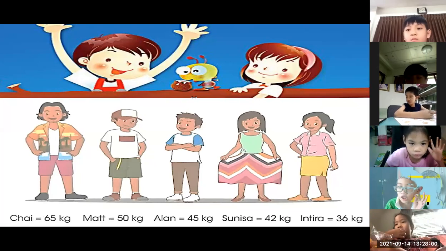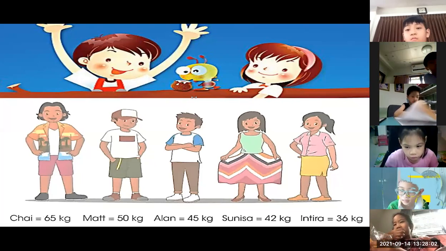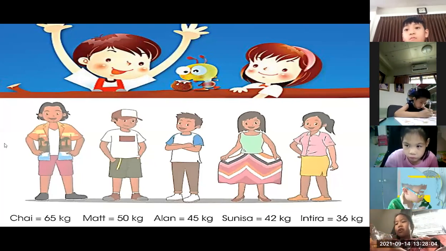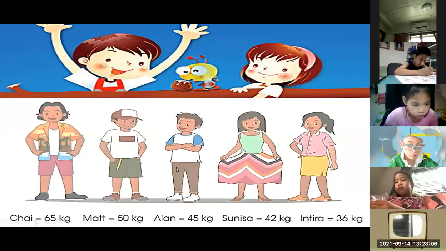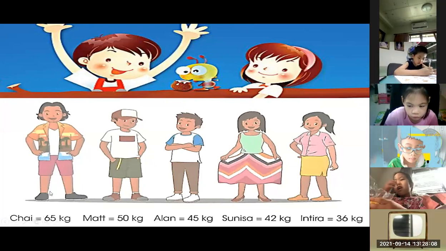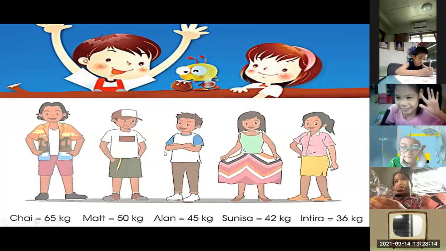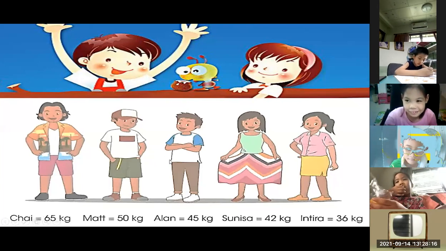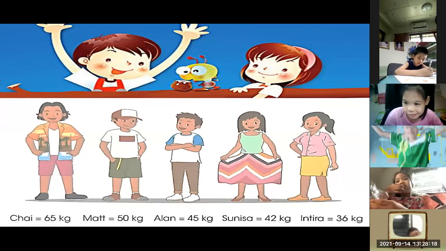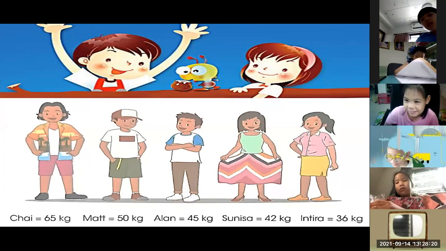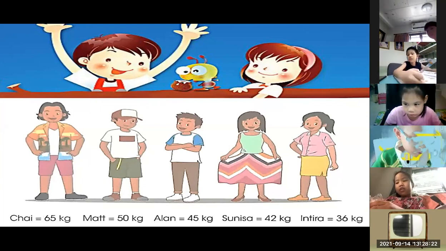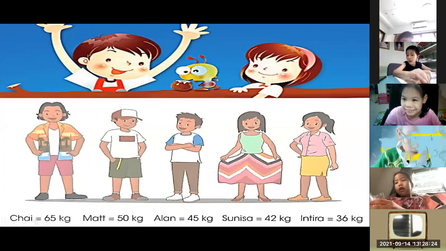You cannot see it in your book. Just look at the screen. Who is the heaviest among them? Chai, Matt, Alan, Sanisa, or Intira? Chai. Yes, Chai. Very good. Thank you.